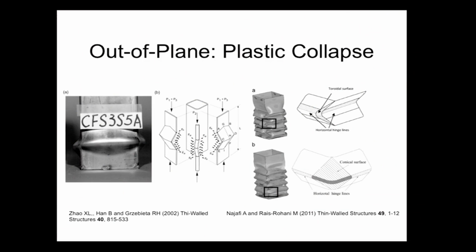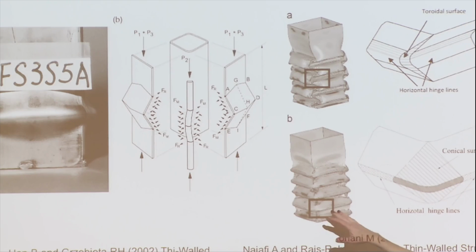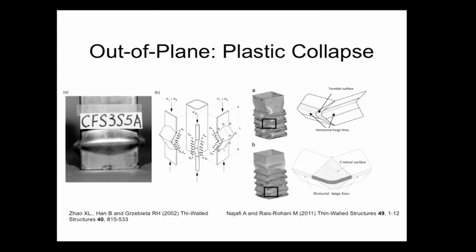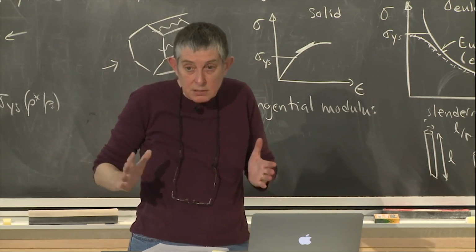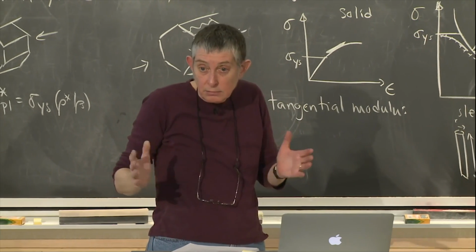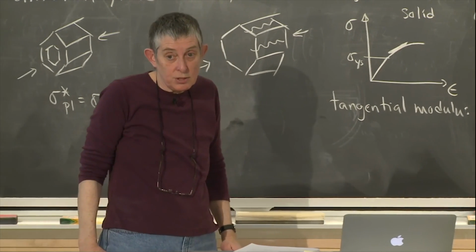They would have to fail in some compatible way. But the deformation and the stresses are not going to be uniform through this whole thing. One part of it is going to be at one stress and something else is going to be at another stress. So parts of it are going to yield plastically, and you're not going to recover that. In fact, they use these sorts of things for energy absorption devices, like in cars, to absorb the energy from the impact.